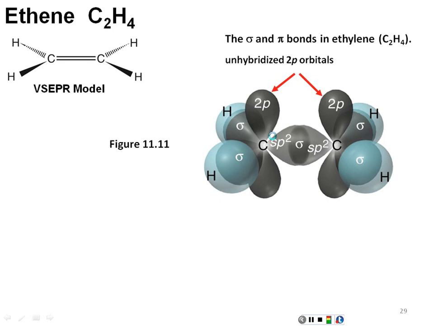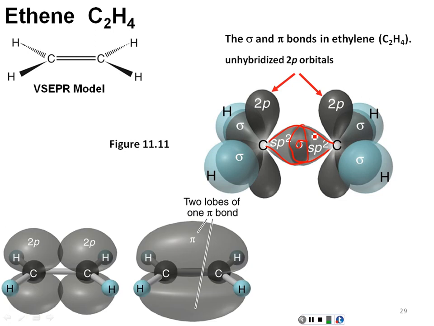So 2 sp2 orbitals come together to make a sigma bond. And you'll notice now we have unhybridized 2p orbitals remaining on the carbon atoms. And these unhybridized orbitals are what can come together and form the pi bond.